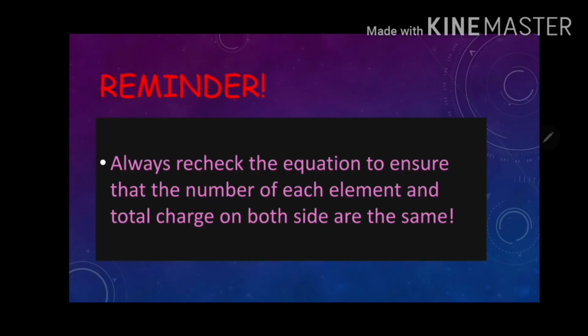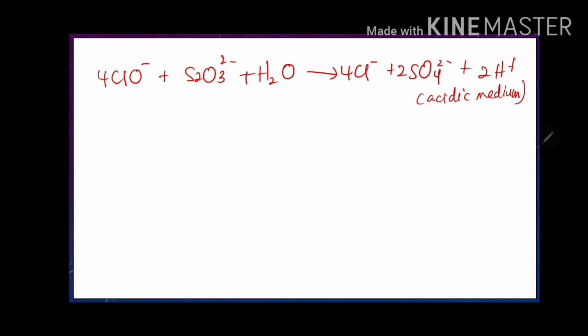So again, a reminder for you, always recheck the equation to ensure that the number of each element and the total charge on both sides are the same, like we did just now. So class, this is the answer for the balanced equation in acidic medium.